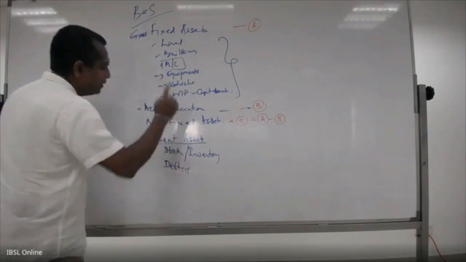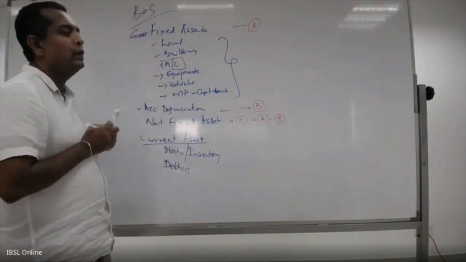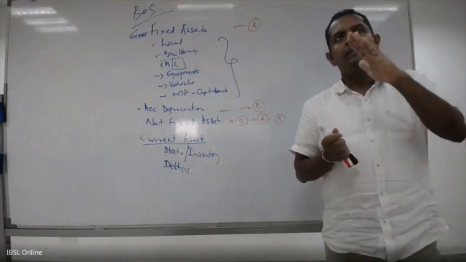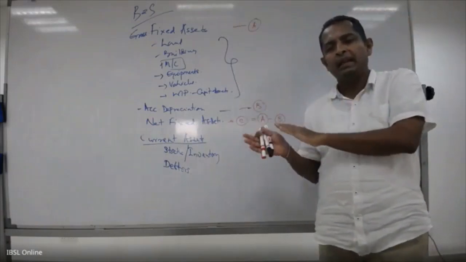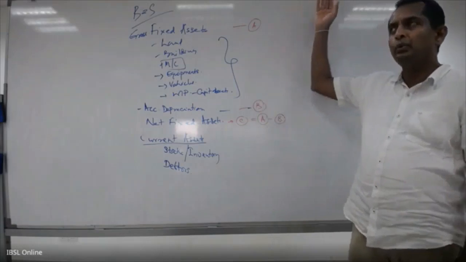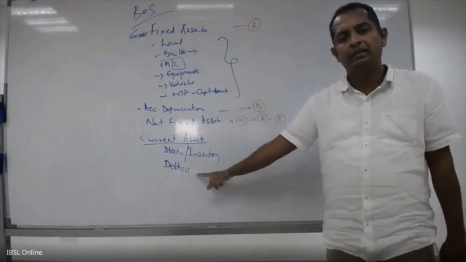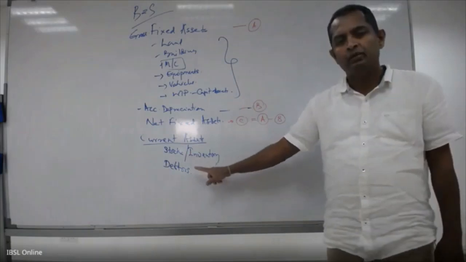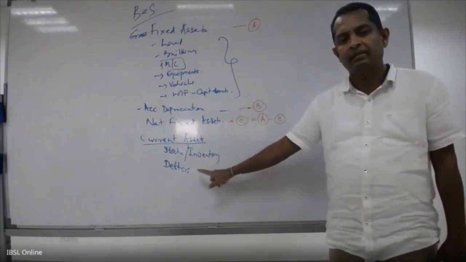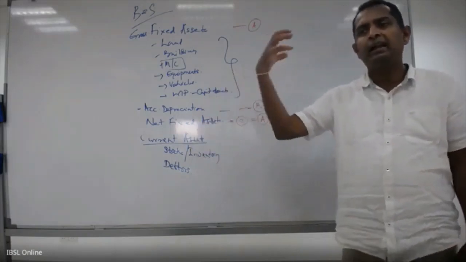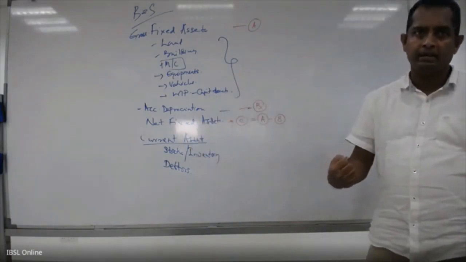Then we have debtors. Can you remember that on the P&L, our sales are divided into credit sales and cash sales? Whenever you make a credit sale, your debtors increase. That is your credit sales reflected here: how much you need to collect from the market.